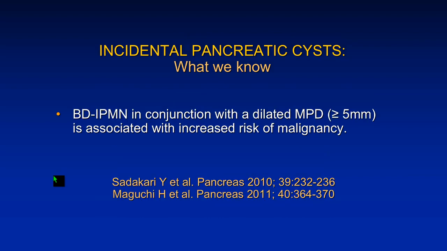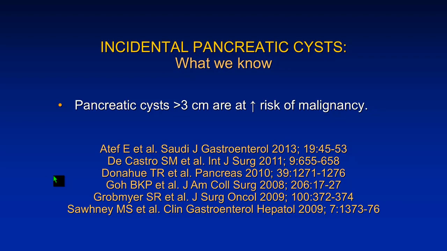We know that a branch duct IPMN in association with a dilated main pancreatic duct is associated with increased risk of malignancy. And we know that pancreatic cysts that are larger than 3 centimeters also are at increased risk of malignancy.